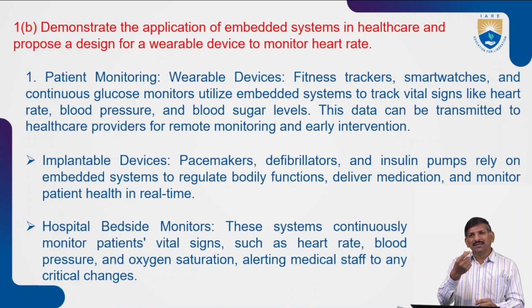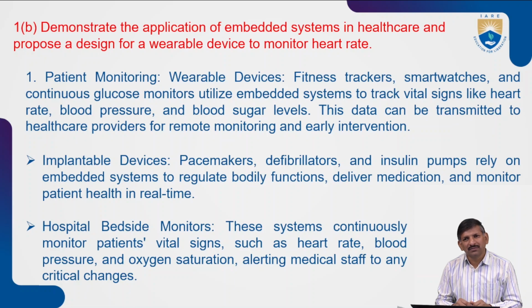To identify diseases, we use scanners like the electrocardiogram, the ECG scan, to check the heartbeat status exactly, or 2D echo, MRI scan, CT scan to identify diseases, and X-ray to identify fractures in the bones.